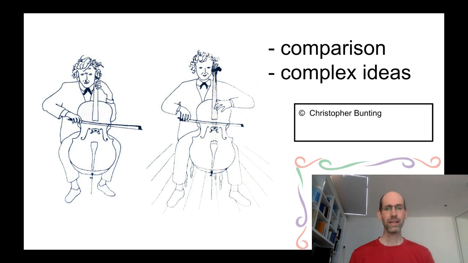And he doesn't even have a stool or chair to sit on, and neither is there a floor anywhere to be seen, which is in contrast to the cellist on the right, who has strings, a chair, and the floor. So I'm not going to explain my thinking as to why that might be the case, but it's a really great thing to bring up with students.